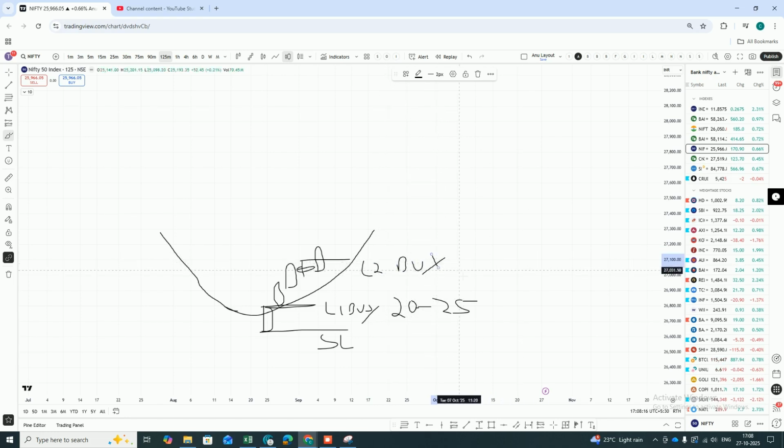Here we are going to enter the remaining 70 to 75% of the quantity. Make sure that the red candle closes above the 10 EMA and the next candle crosses the high of that red candle. Then our L2 buy is triggered and we will be adding the remaining 70 to 75% of the quantity.